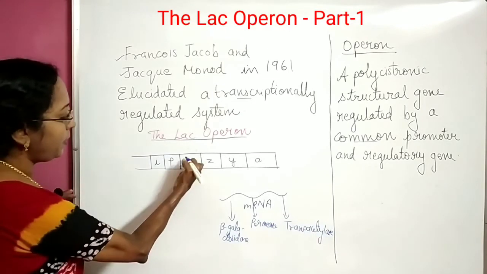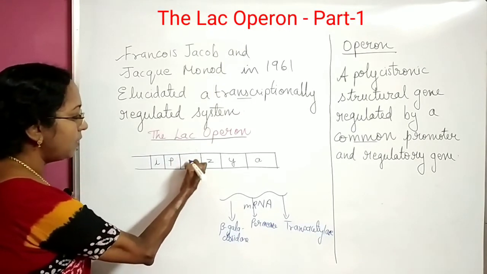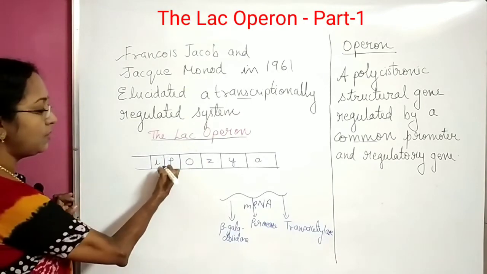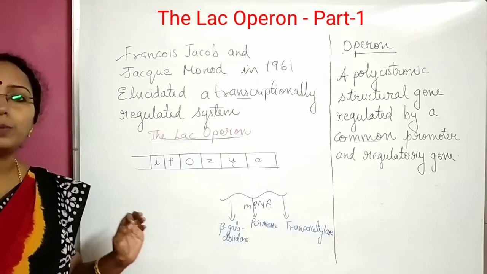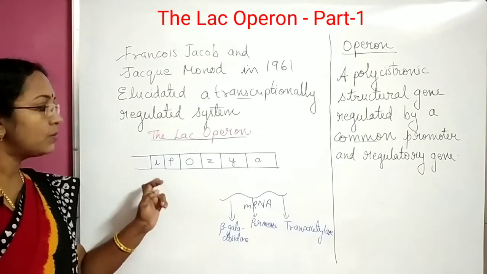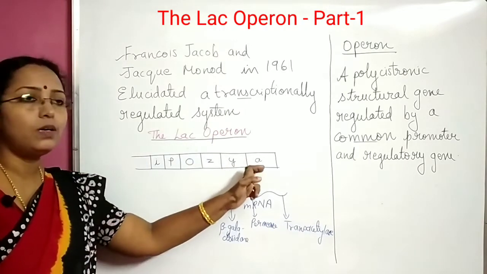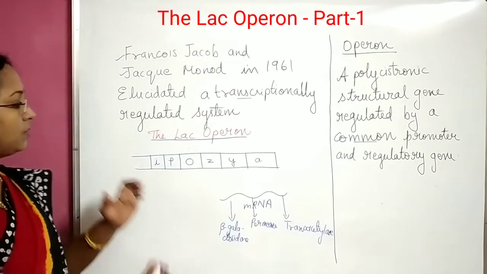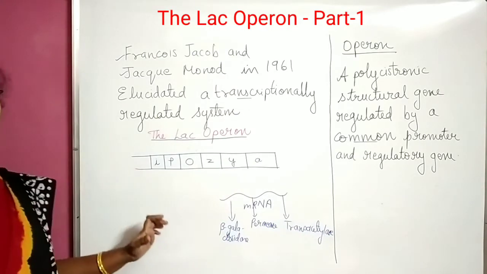Now there is a space that I have left here. Here is an operator gene. Just adjacent to the promoter there will be an operator gene, which is also equally responsible for regulating the expression of these structural genes. So this is how an operon looks.